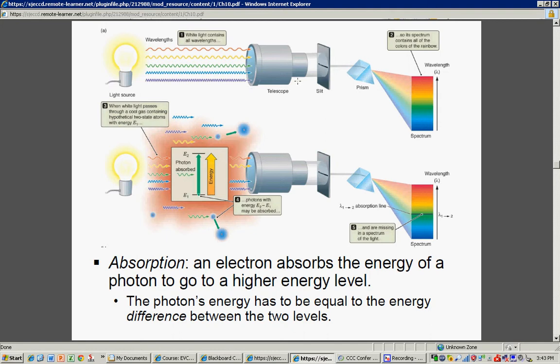You have a light source like a light bulb that can produce light of all possible wavelengths, and then a telescope collects those, and now you have a rainbow and you have all colors available. But let's say between this light bulb and you, you have a cloud like an atmosphere, like our own atmosphere, like the atmosphere of a star, and this light is the interior of that star.